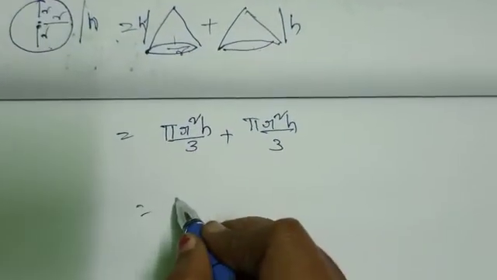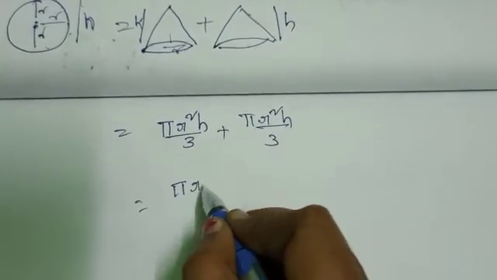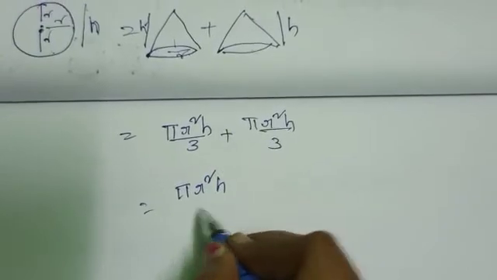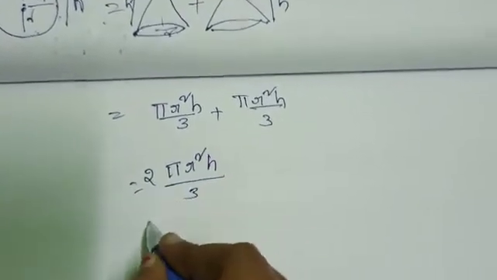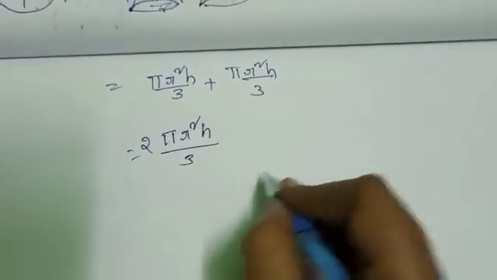Okay, so pi r square h, 2 into pi r square h by 3.